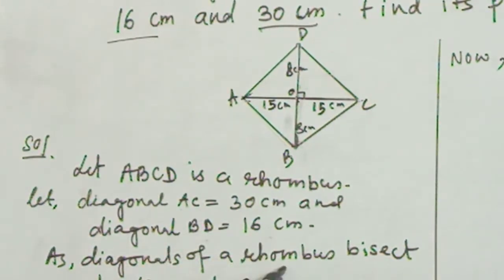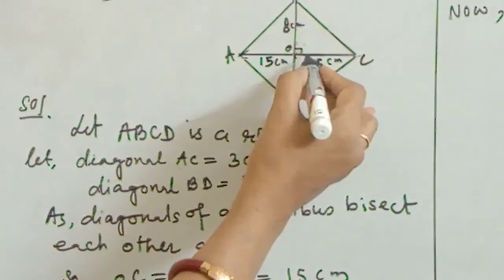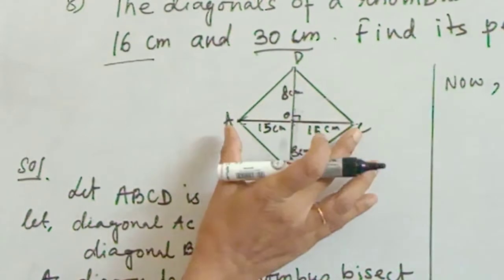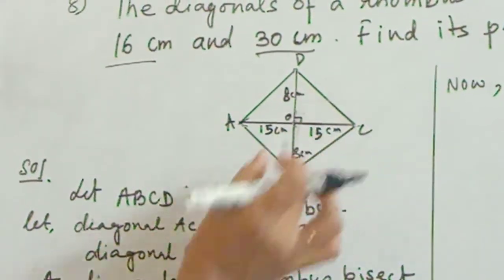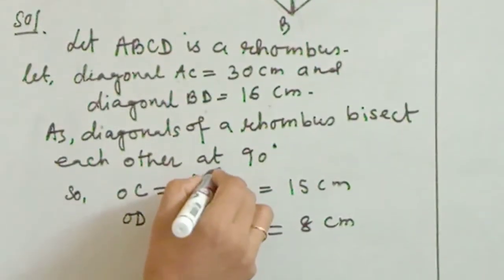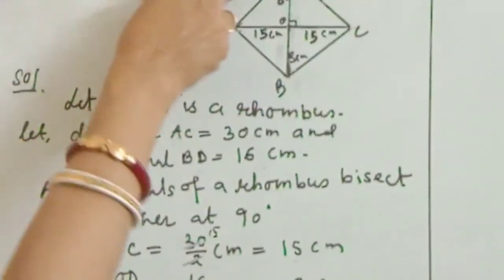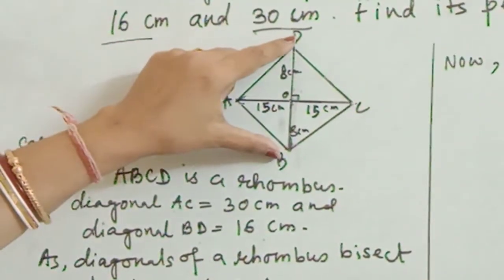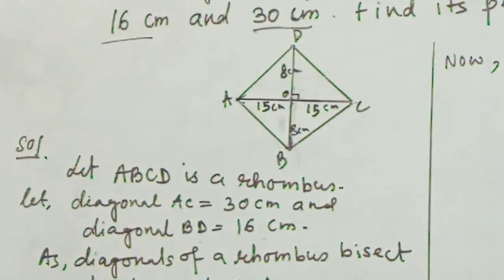As diagonals of a rhombus bisect each other at 90 degree, we can say that OC is equal to 30 divided by 2. If you cancel it, you will get 15 centimeter. And OD, it was 16 centimeter, so if you divide 16 by 2, you will get 8 centimeter.